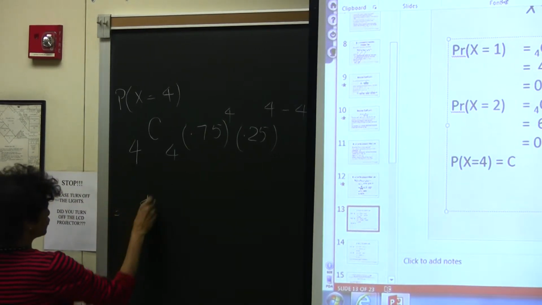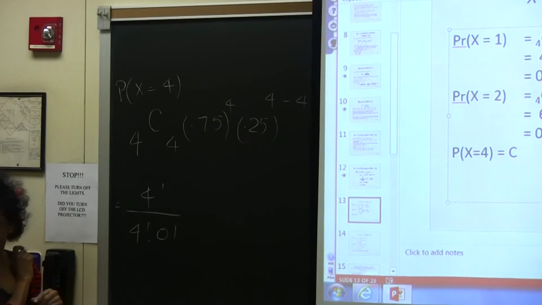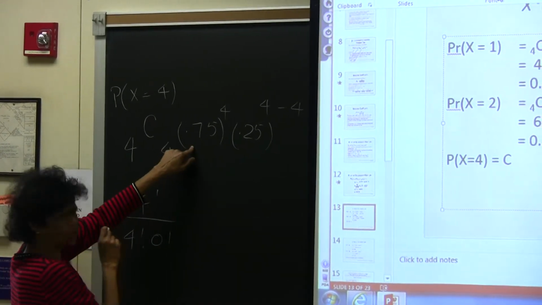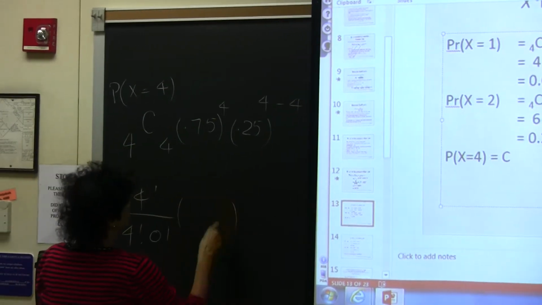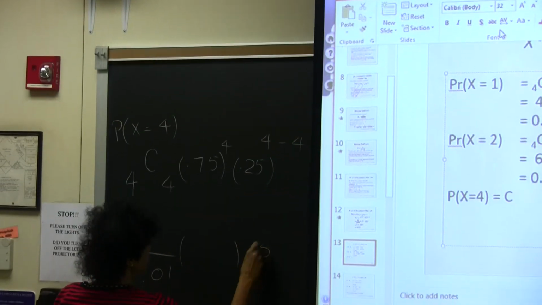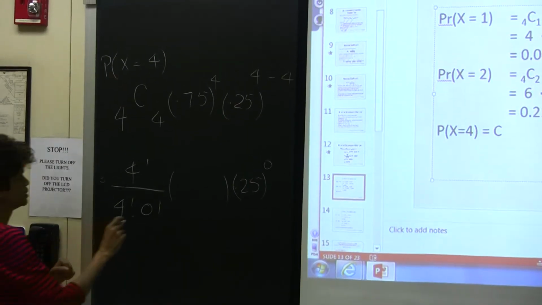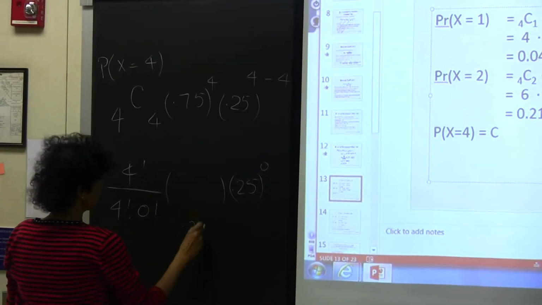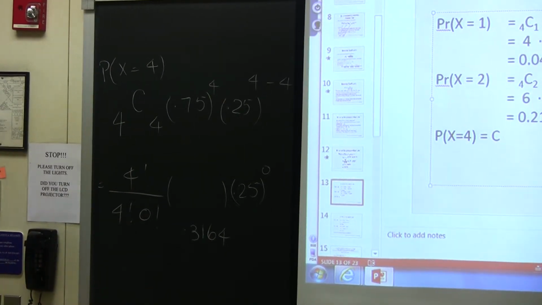This is actually 4 factorial divided by 4 factorial times 0 factorial. Now this will be 0.75 to the 4. What is it? You need to get the calculator. This is 0.25 to the 0, which is 1 actually. 0.3164. 0.3164? Yep. Okay, that's hard to believe.